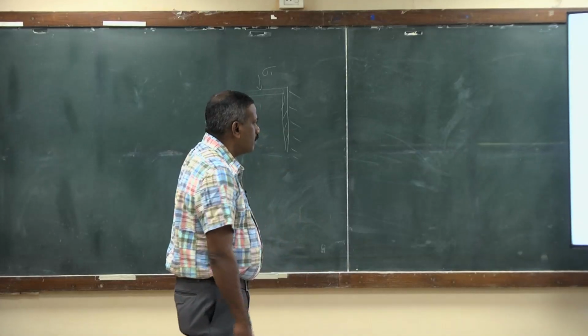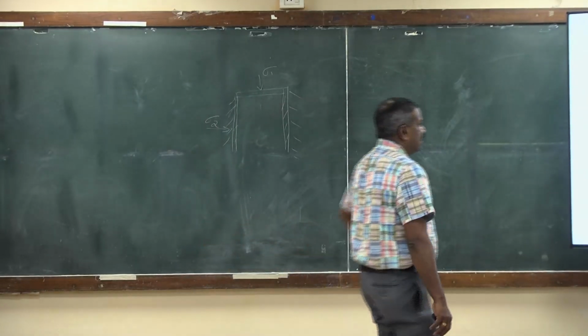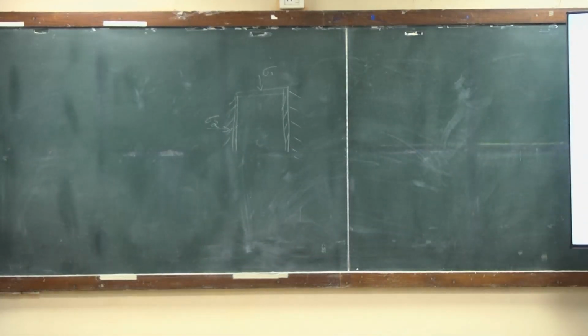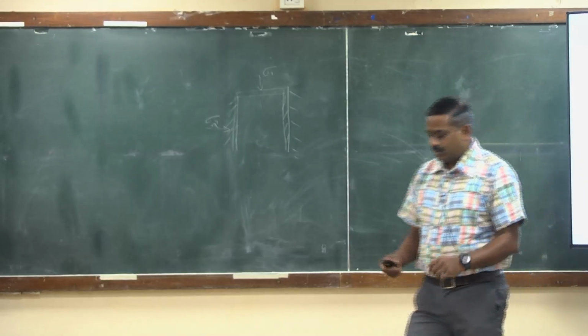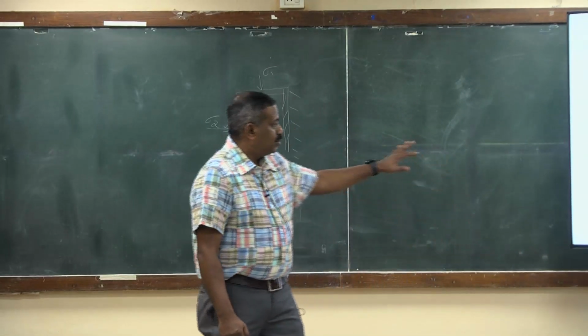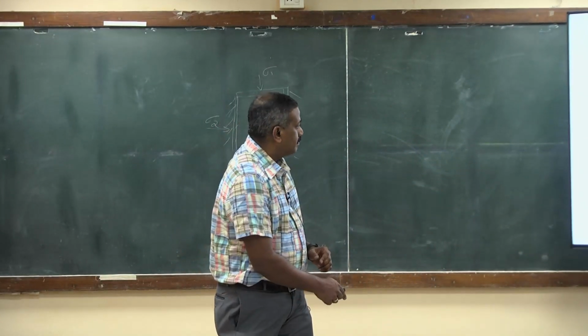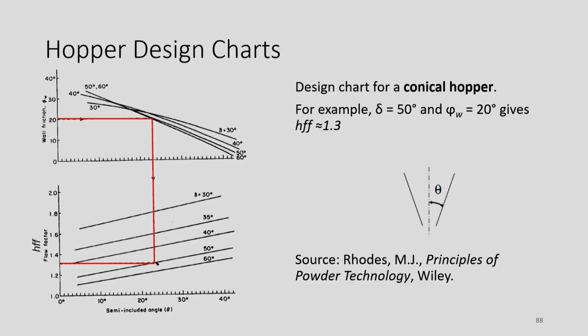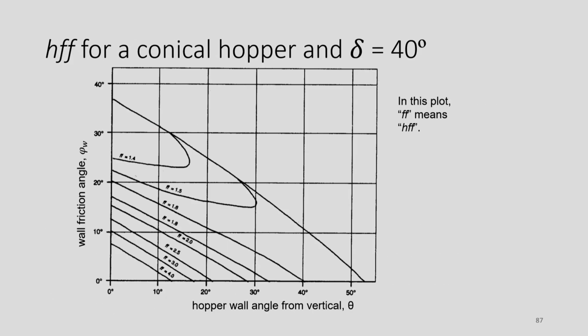Okay. So the hopper flow function we can again draw for different angles of internal friction between the powders. We can use this information to get the discharge rates too, or hopper half angles too.